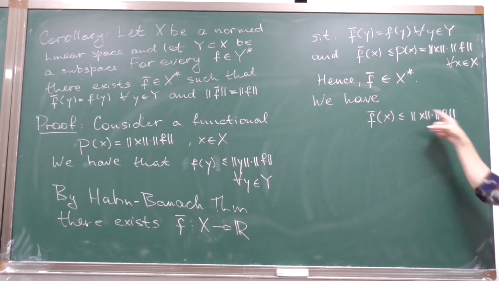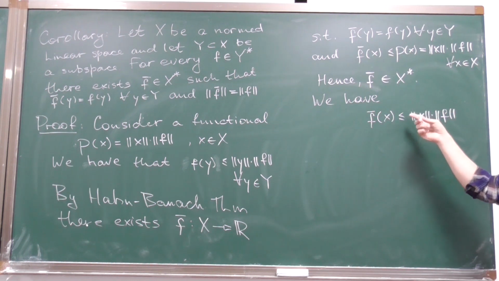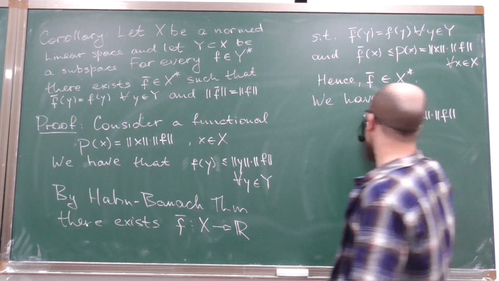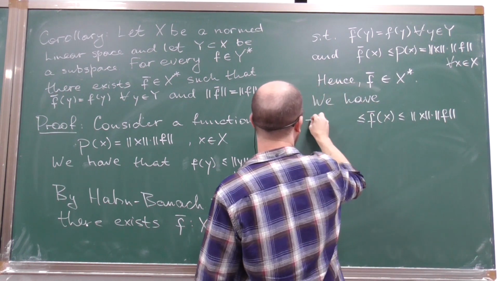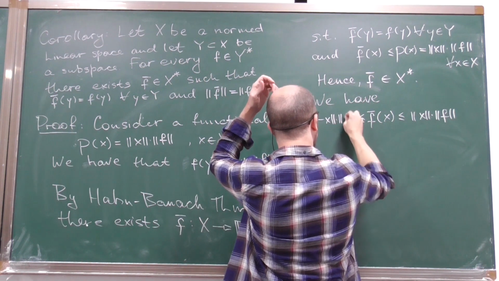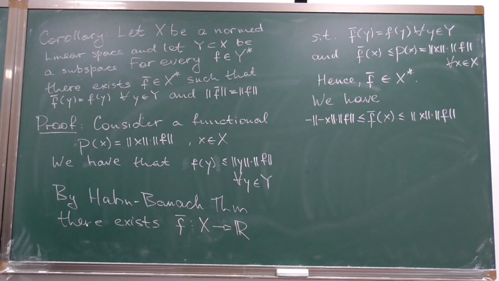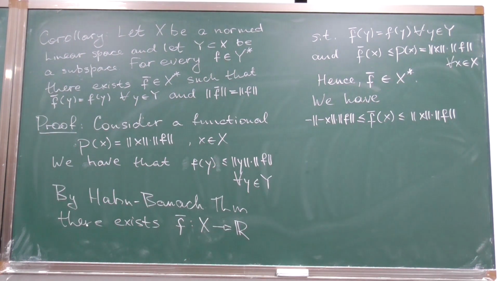Then I can multiply both sides by minus 1 and the inequality will be reversed. So by doing this, I get the estimate from below, which is minus the norm of minus x times the norm of f. So this second estimate from below, we get it by linearity of f bar. Do you want me to explain it? Yes.